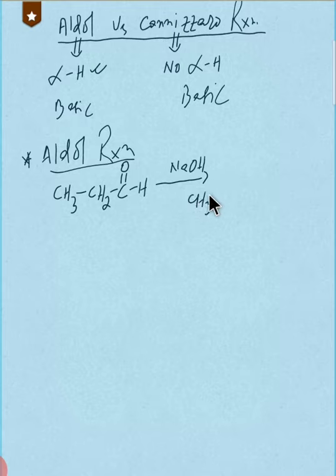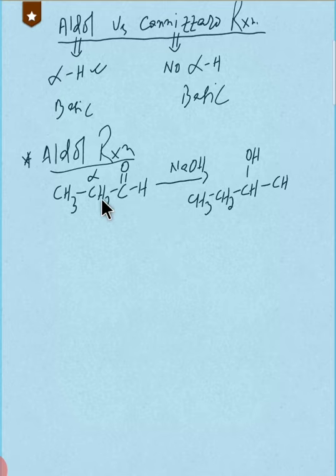CH3 CH2 CHOH, and to this carbon atom beta carbon will be attached. This is the alpha carbon atom.